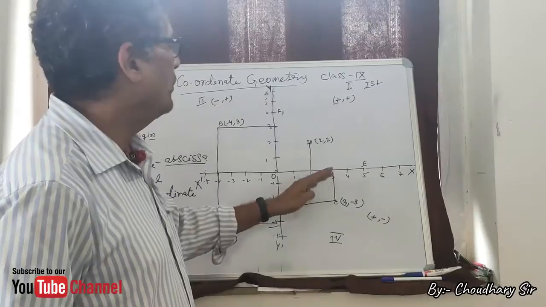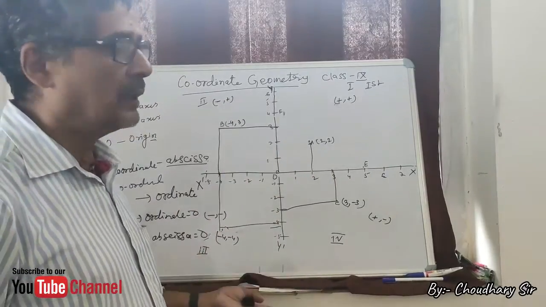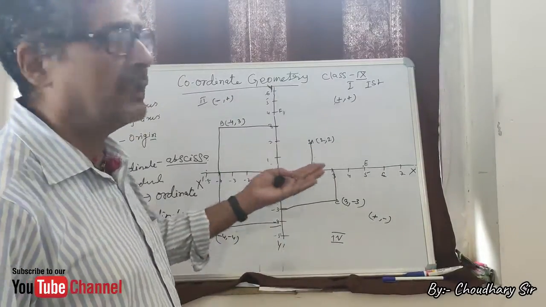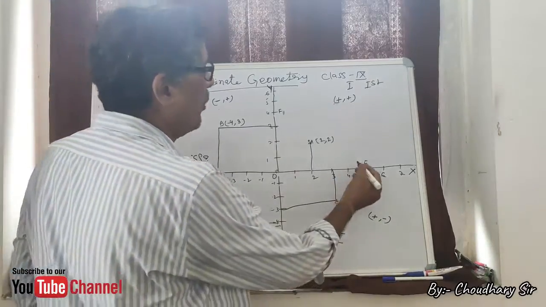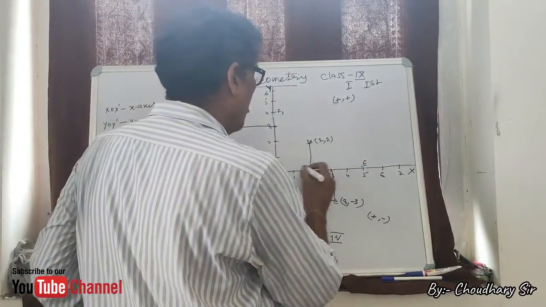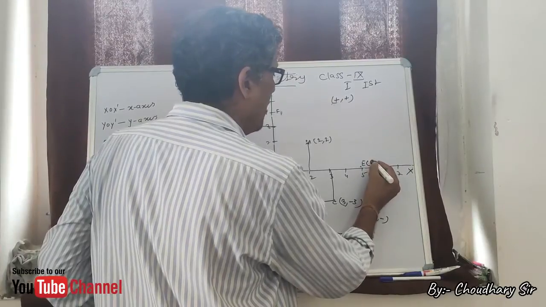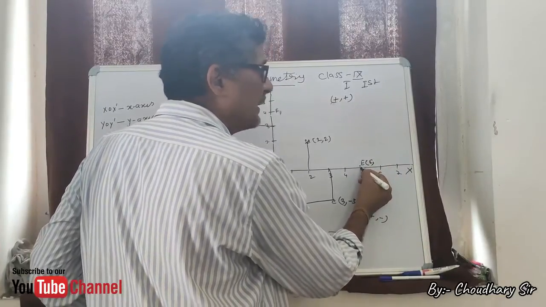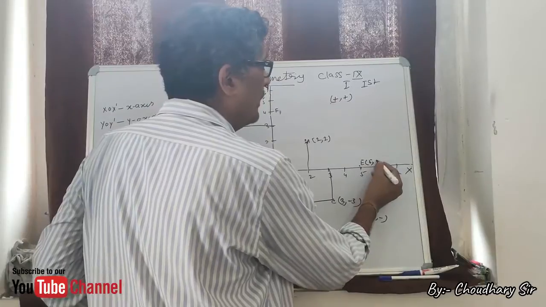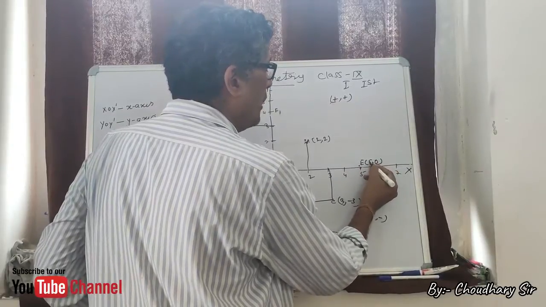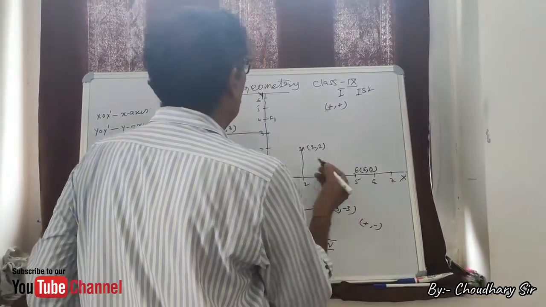How can you find the position of a point? What are the coordinates of the point? Similarly, what is the coordinate of E? E is at a distance of 5 along the x-axis, but it lies on the x-axis. What is the y-coordinate? 0. So the coordinate of E is (5, 0).